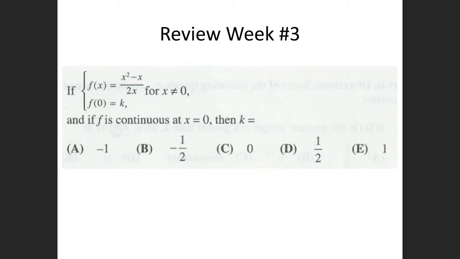Well, if you take a look at this function up here, the first thing I always do is I always try to factor things out. So if I factor out an x here, I end up with x minus 1, and I have 2x here. Well, right away I look at this and say, oh, something's going to cross off on the top and bottom, and x is going to cross out. Well, what makes this equal to 0?